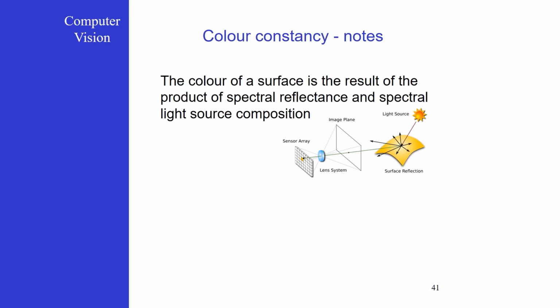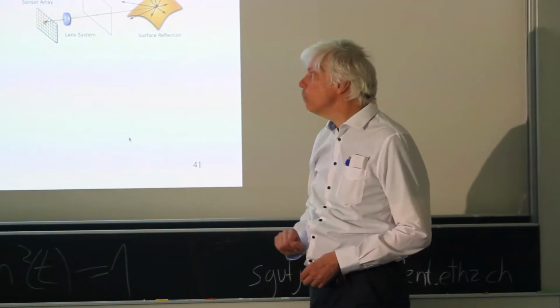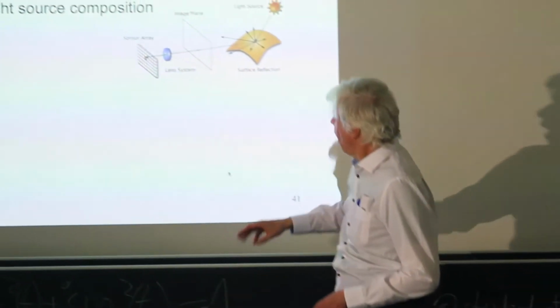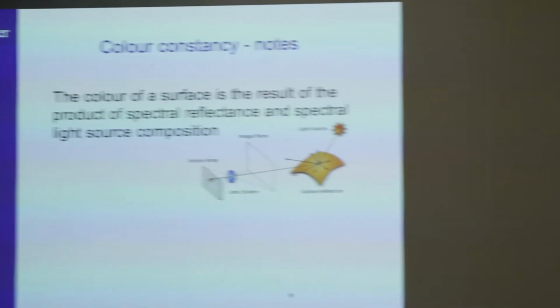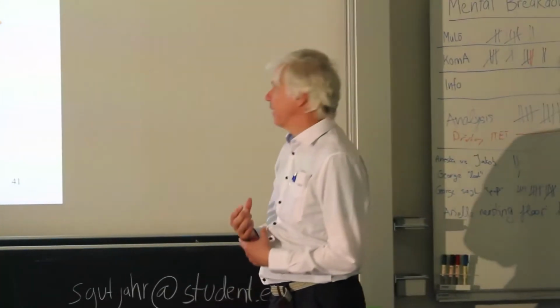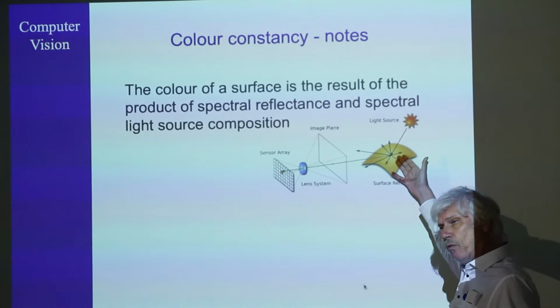Now, it's kind of intriguing what's going on here if you come to think about it. So we have seen this figure before. So we get on our camera system, in fact, a combined effect of, on the one hand, the color of the light source. So the light source has a certain spectral composition.